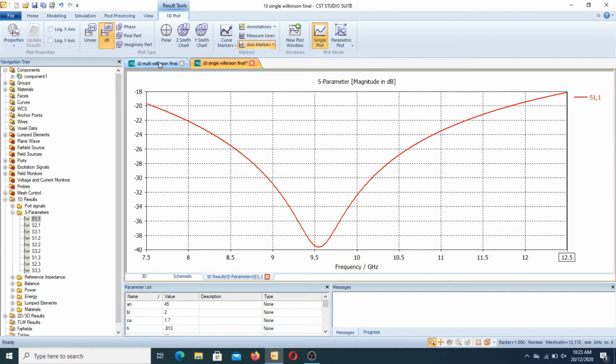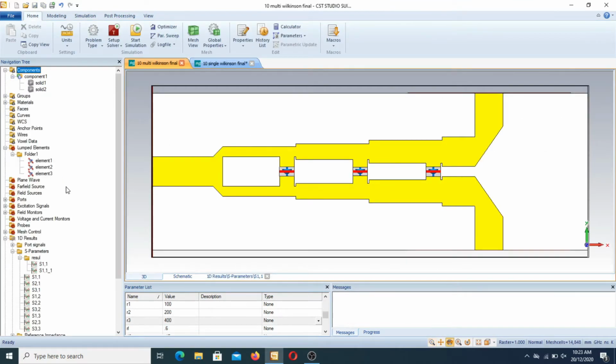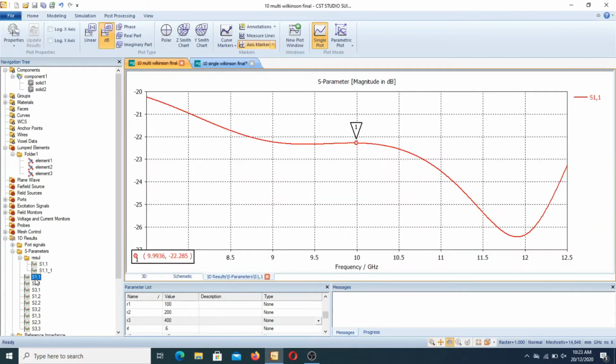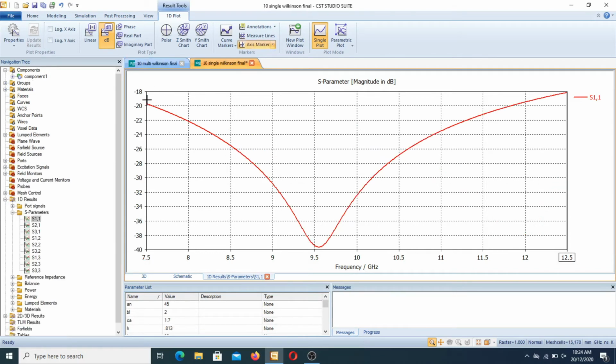Now moving toward the 3-stage Wilkinson, we have this type of result. Its gain or the return loss is much better as compared to the single stage Wilkinson power divider. As you saw, in the single stage its starting point is upside, but it is acceptable for both.